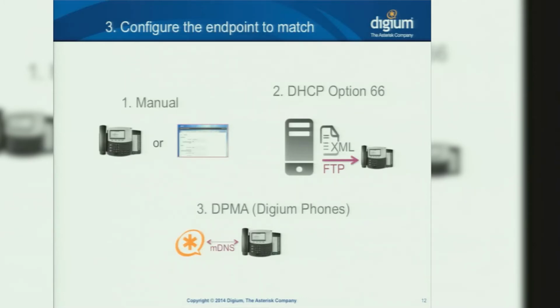So I'll repeat what he said there. DHCP option 66, that's just something you can use to essentially report to the phone where to find its configuration on the network. And this is not an Asterisk thing, this is a SIP thing. So any DHCP server you have will provide this option, whether it's running on Linux or Windows or whatever it might be. Essentially, you're just giving the phone some instructions to pull down the config.